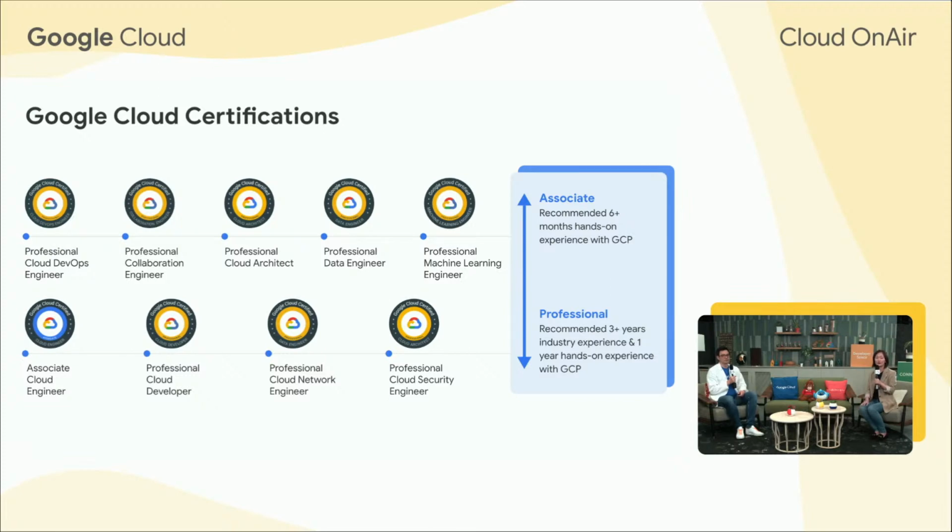After that, we have different tracks available for you, such as generally the Professional Cloud Architect, then specialized tracks in DevOps, collaboration for Workspace, data engineer, machine learning, and also the developer tracks, and network security. Those professional levels are recommended for people with 3+ years of experience and at least 1 year of hands-on experience with Google Cloud.